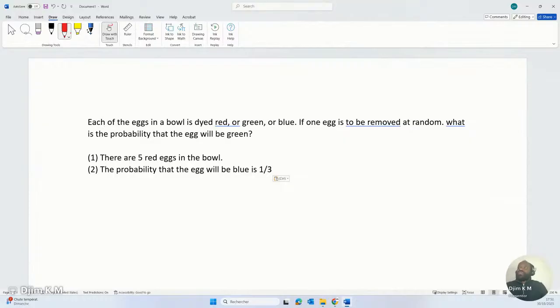So we have red, okay, green, and red. Okay, in a bowl, and we have to remove one egg at random, and we need to find the probability.